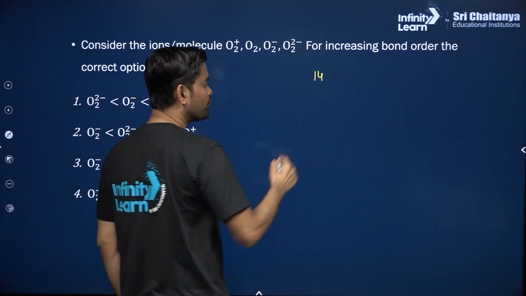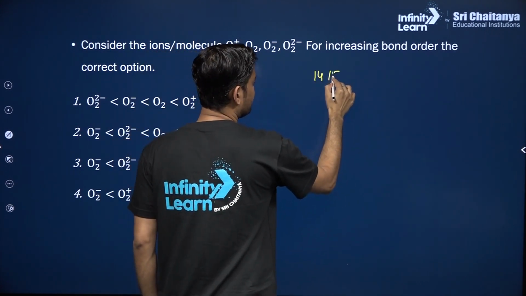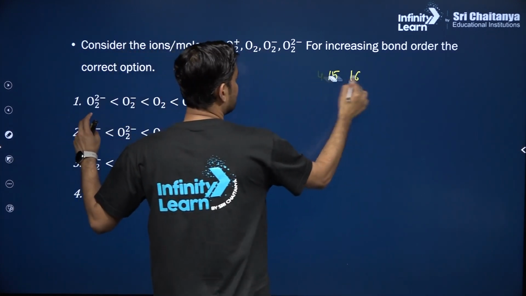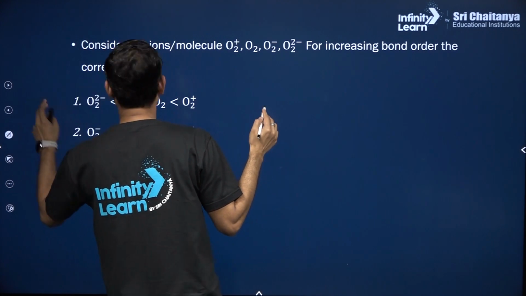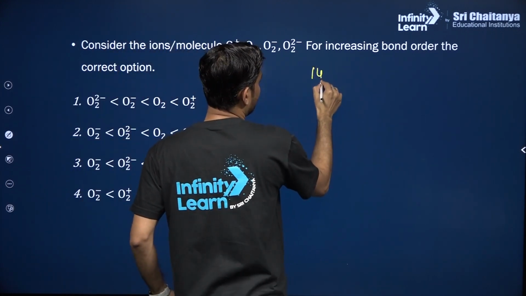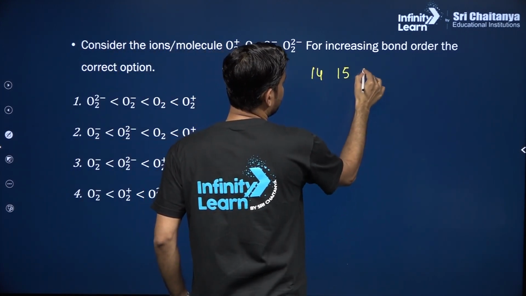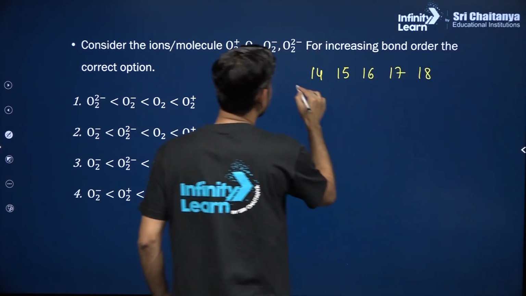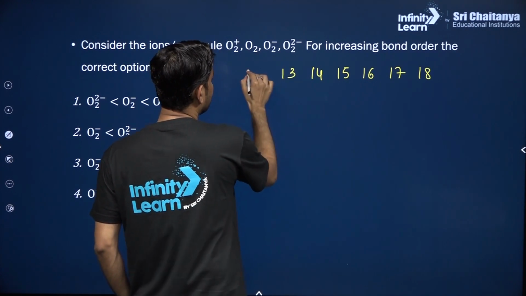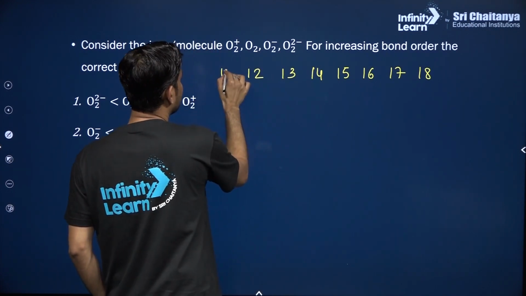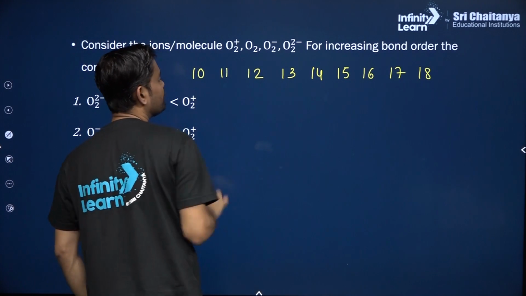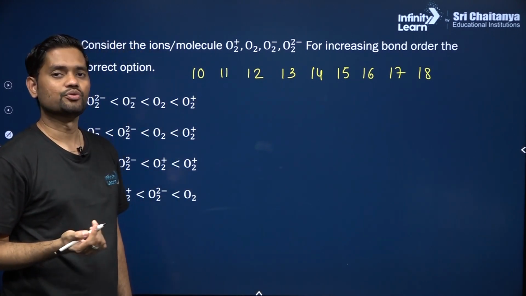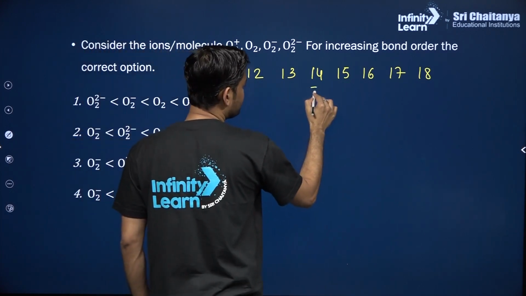Total number of electrons is 14, 15, 16, 17, 18, 13, 12, 11, 10. Just to give you an example, 14 electrons is present in nitrogen gas, N2. That bond order is 3.